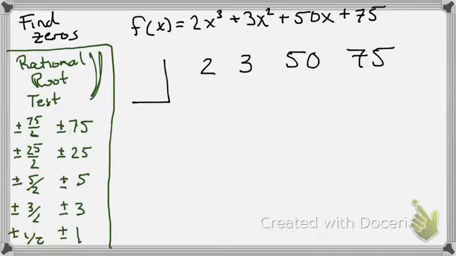I am pretty sure that it is not going to be 75. I am pretty sure that it's not even going to be 25. And the reason is, if I put those in the box to divide it out, the numbers are going to get astronomically bigger because I'm going to be multiplying by those things.